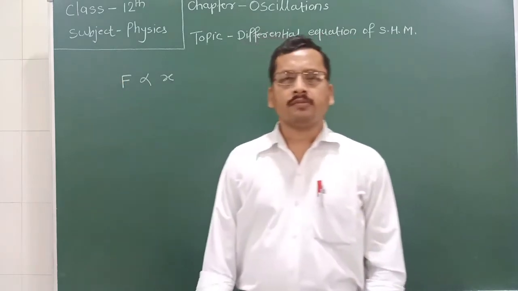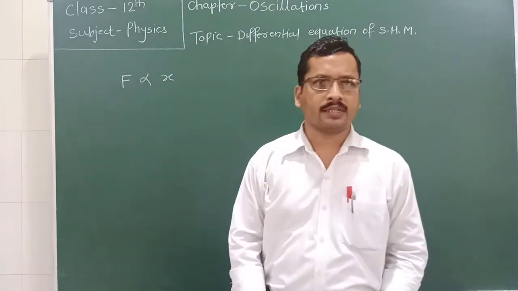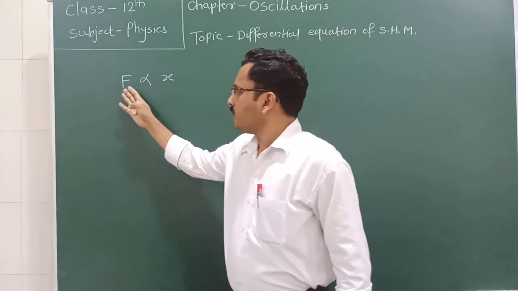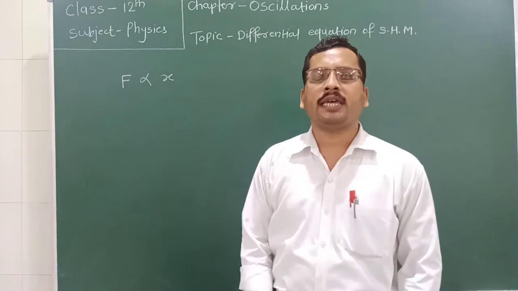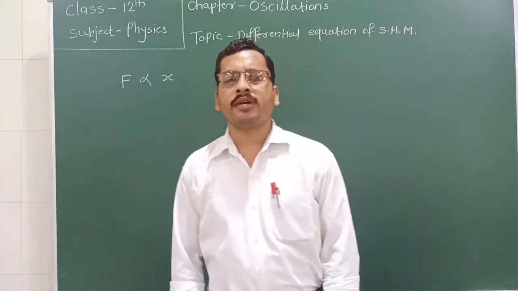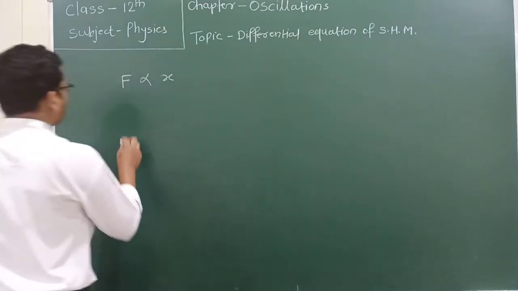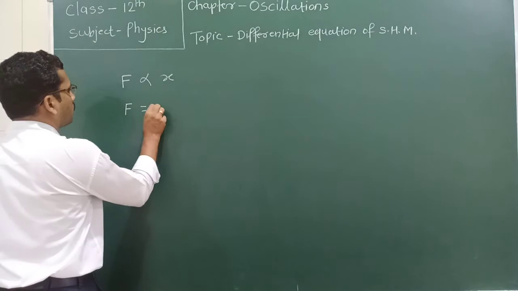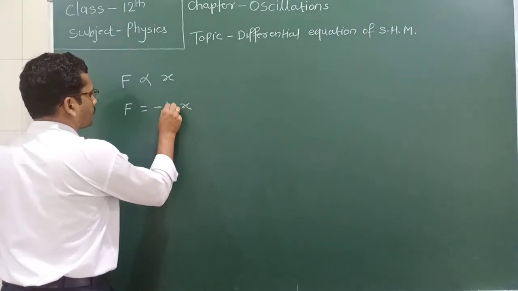So we know that F is proportional to x, but we also know that the direction of force and direction of displacement are opposite to each other. So here we can write F is equal to minus k into x.